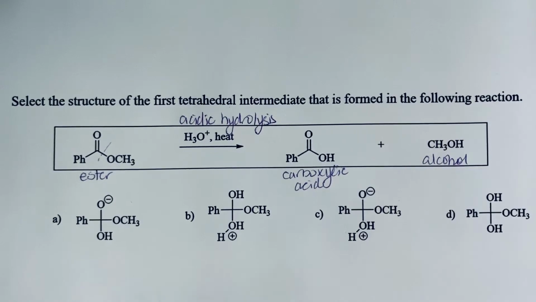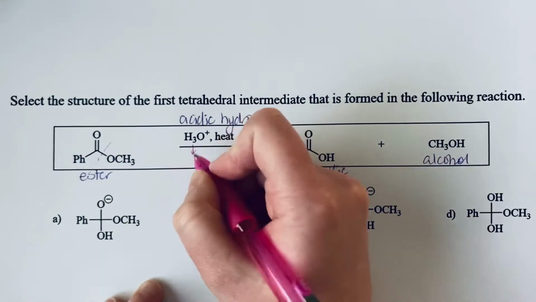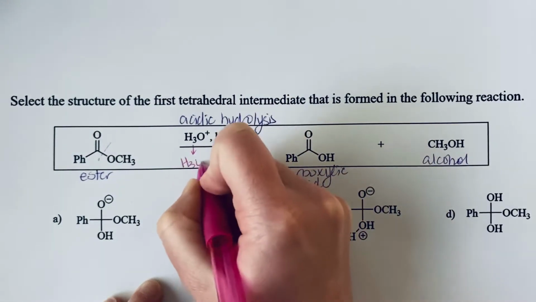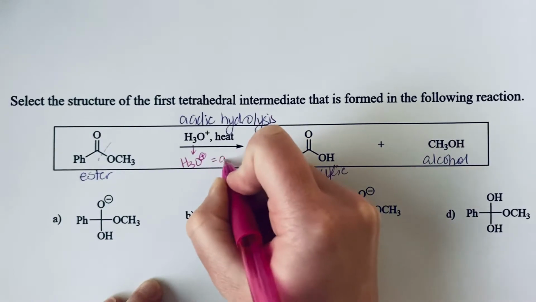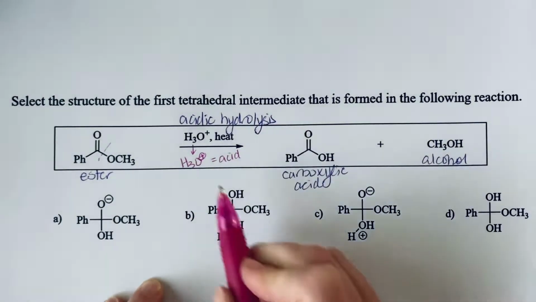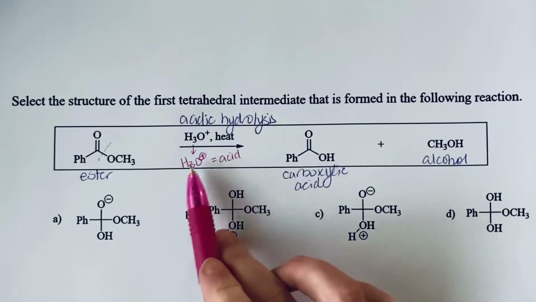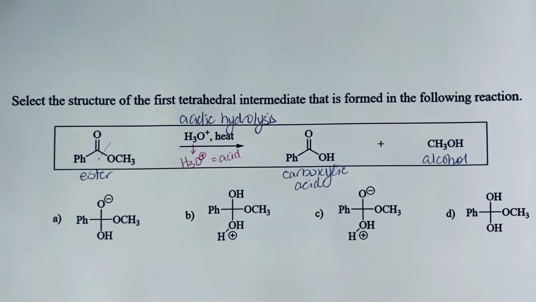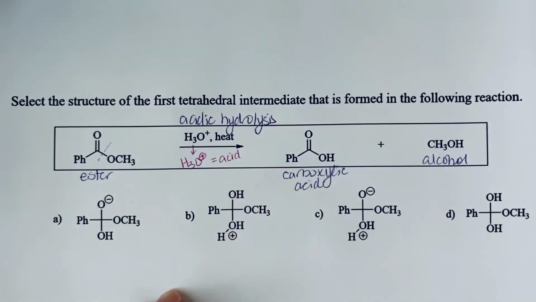So we want to make sure that we understand what we have to work with, that we have our ester, and that we have this H3O+. So that means that in solution we have H3O+, which is an acid, and it's probably not a whole lot of H3O+. Usually you use an acid catalyst, so you have a small concentration of acid.